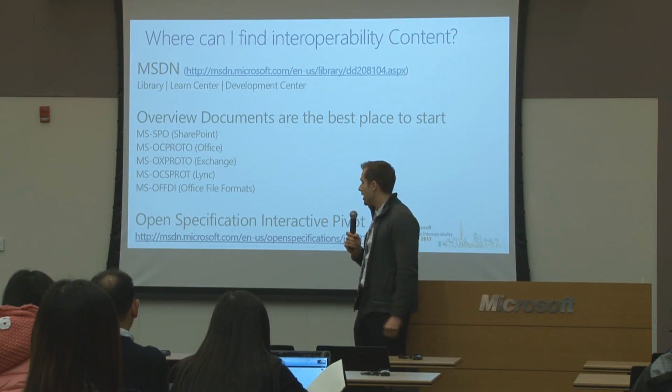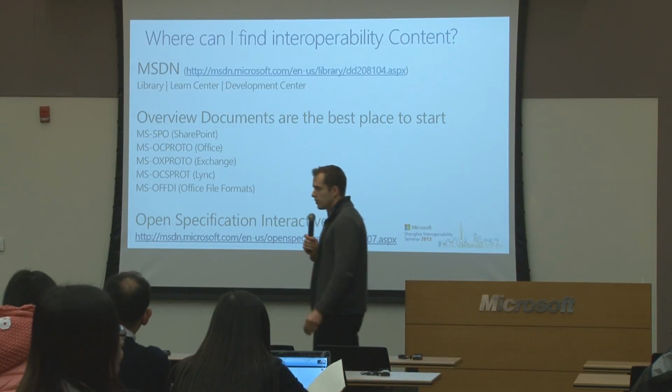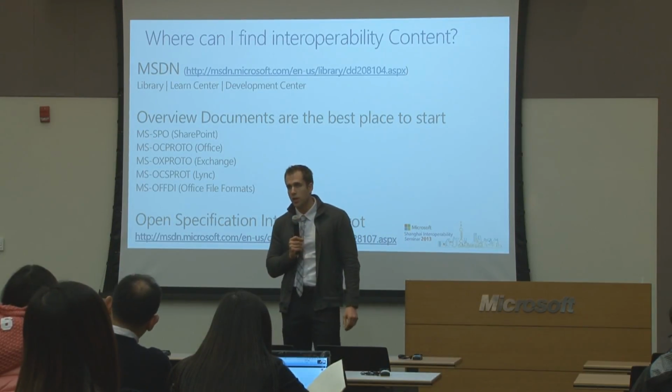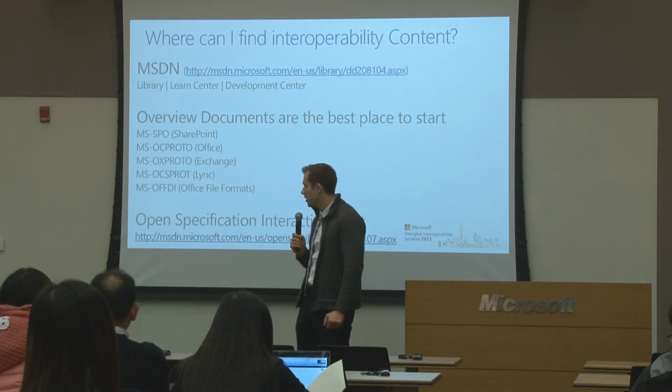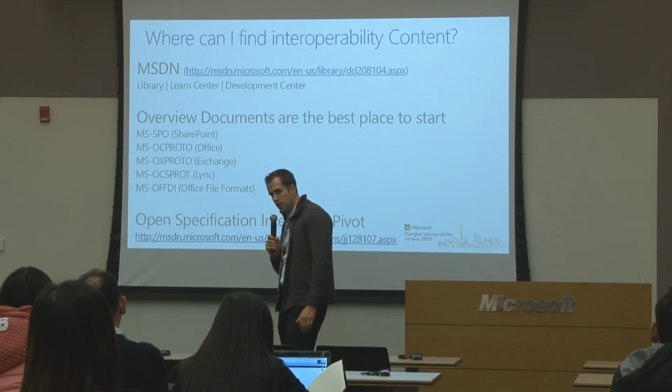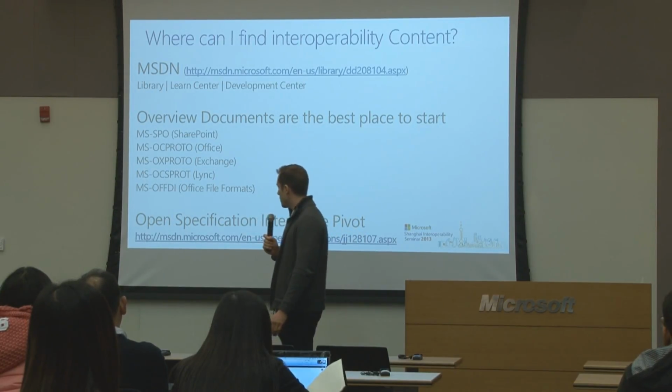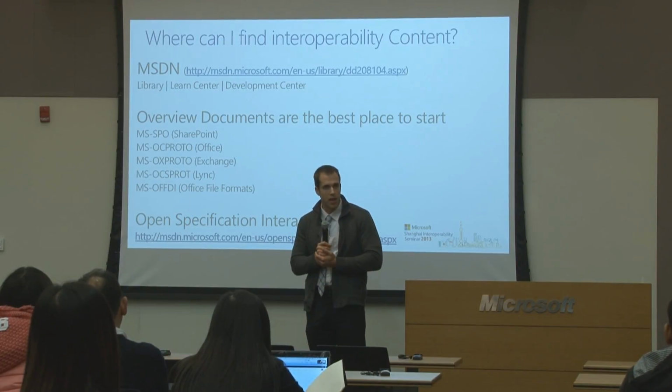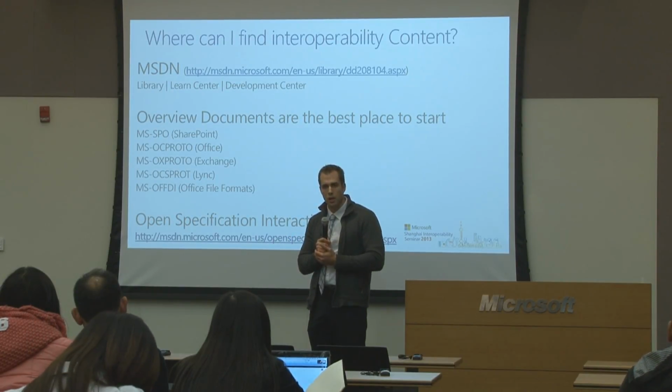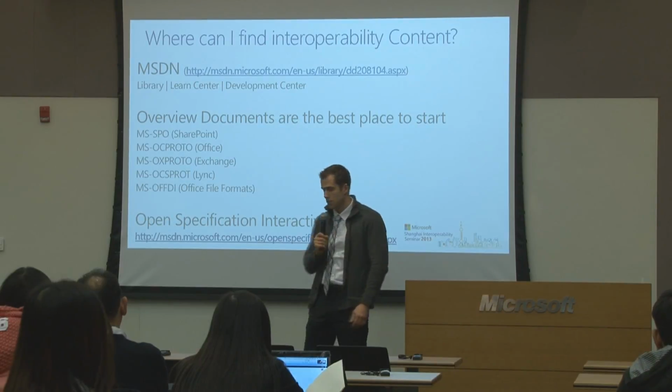Hector will also be touching on that. We've got a protocol overview for Exchange, which Andrew Davidoff will be covering later this afternoon as well. We're not covering Lync this week, but we are covering the Office file formats today, and both Tom Jibo and Pui Leong will be covering those topics.